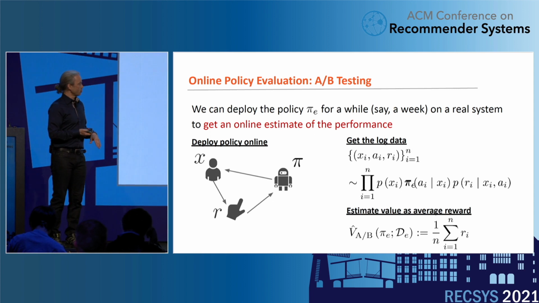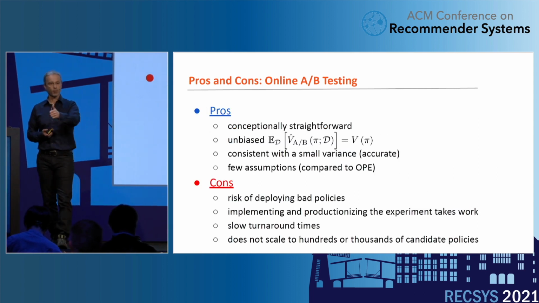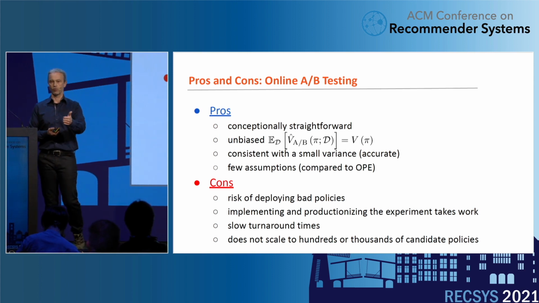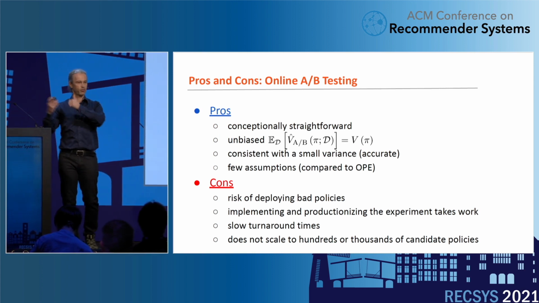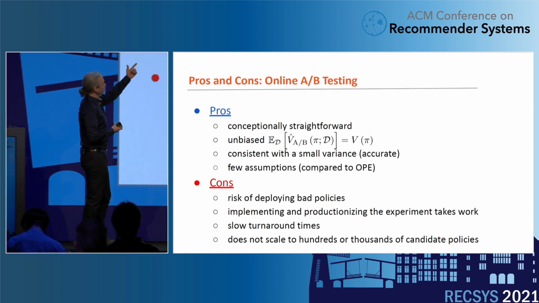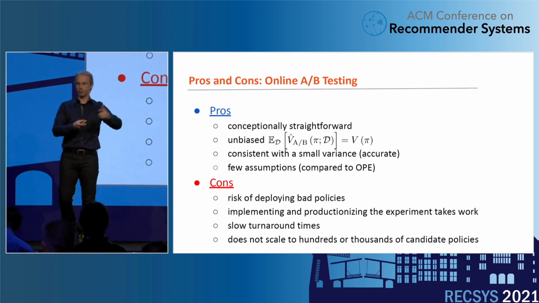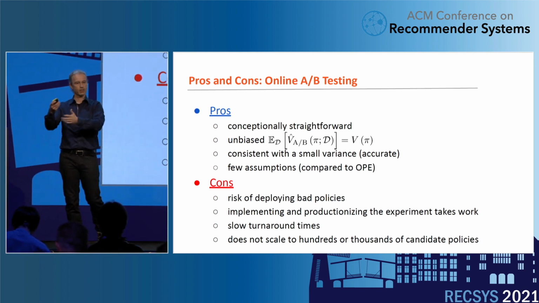Now, what's the issue with this? The good thing about it is that it's conceptually quite straightforward, right? We just build it, we field it, and we see how well it works. From a statistical perspective, it's unbiased, right? If we field the policy, we get an unbiased estimate.